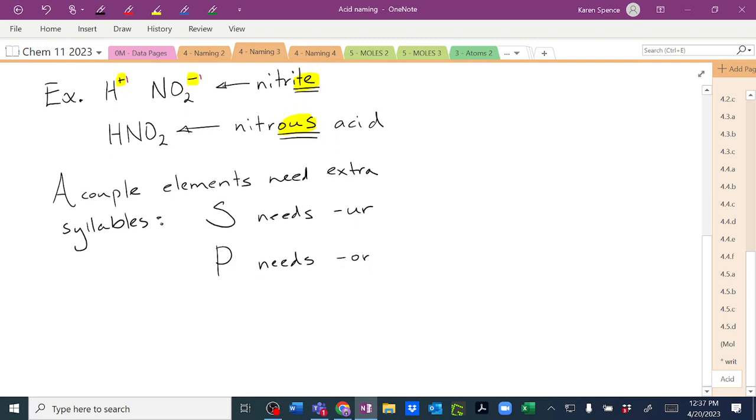So let's say that we had, for example, SO3 2-. We can look that one up on our table, and its name is sulfite.